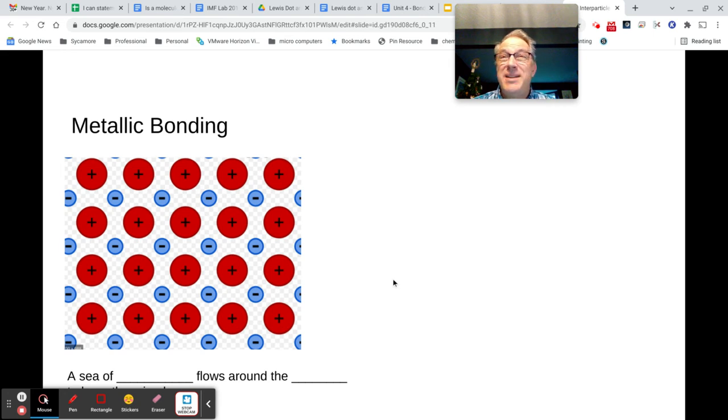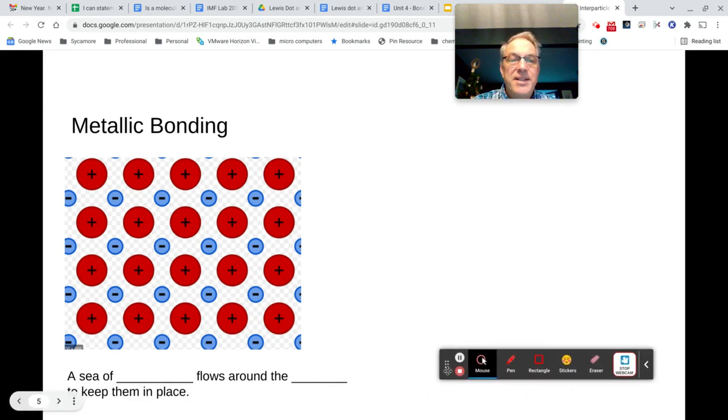Next, we have metallic bonding. This is bonding between metal atoms. For metallic bonding, you can think of big nuclei, like iron and these metals, magnesium, and you have a sea of electrons, like a netting of electrons, and they're d electrons, so they have room to move around.